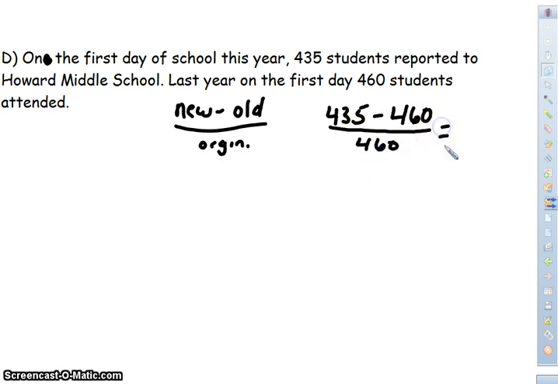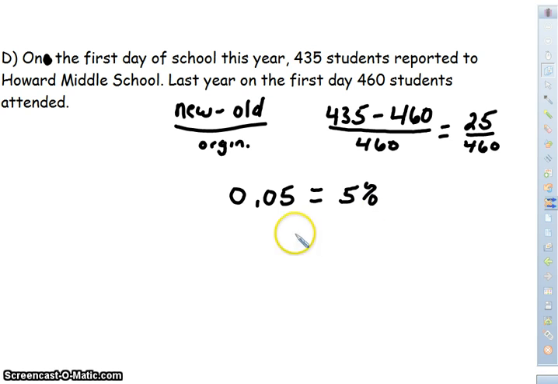Now you're going to simply take these two numbers and subtract them, and you'll see you get 25 over 460. Take your calculator, 25 divided by 460, and you get 0.05, so 5 hundredths, which equals 5%.